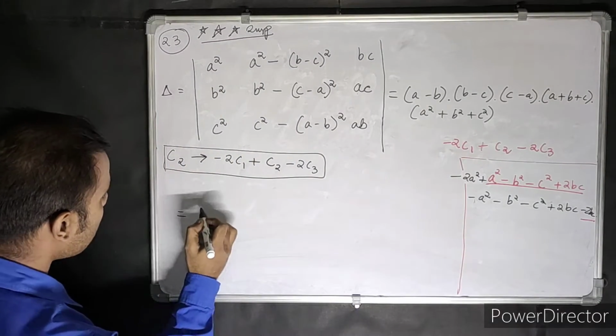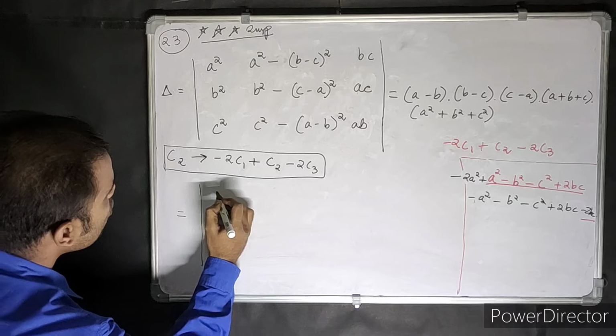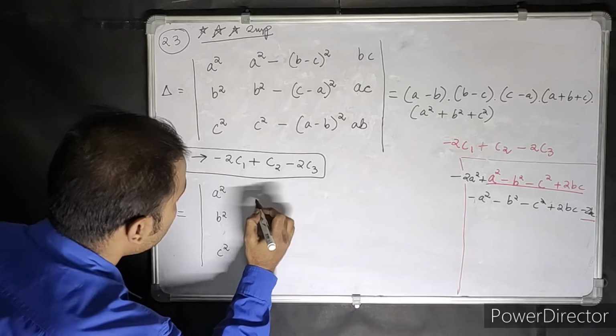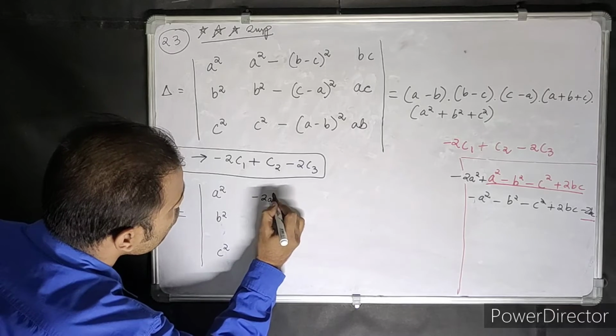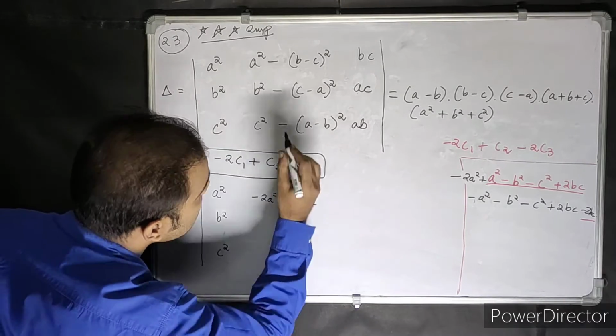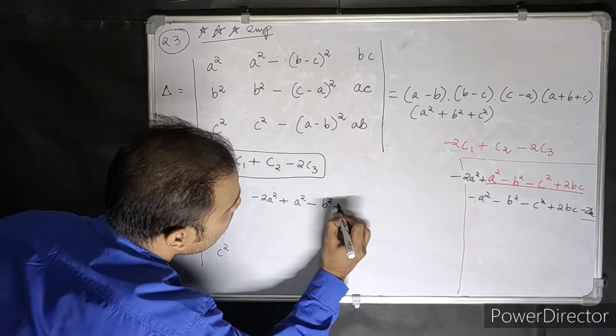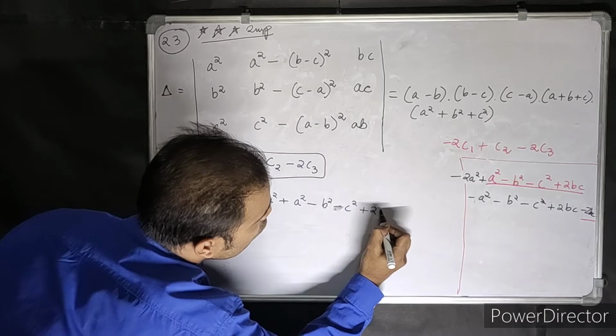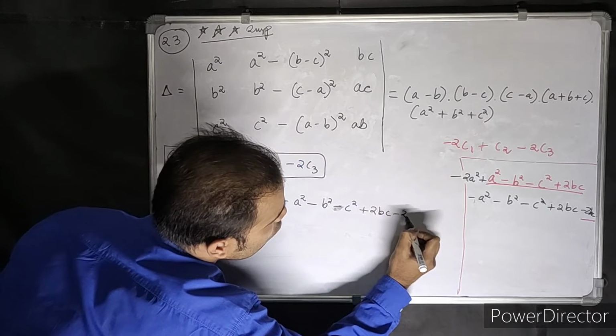Okay, so let's start applying this logic. If I do this, a square, b square, c square, and if I write this minus 2a square plus a square, look at this, a square minus, that's going to be b square, sorry, not plus, minus c square plus 2bc minus 2bc.